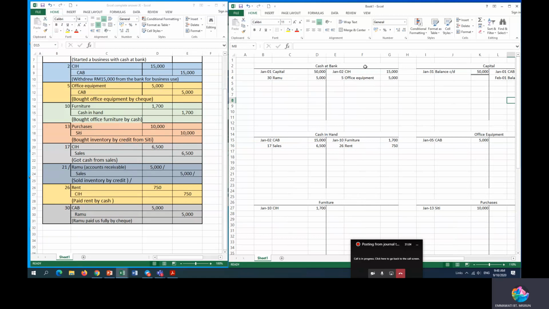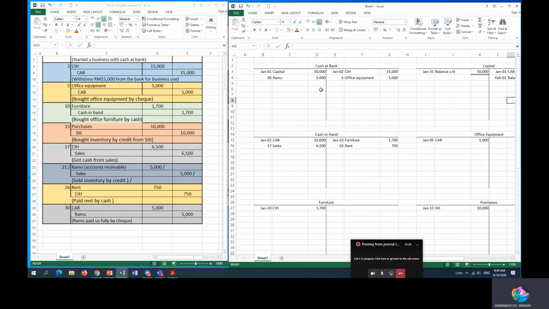So the total debit of cash at bank is more than the credit total. In our previous discussion, we know that in order to close our accounts, we must make sure that the total debit is equal to credit, right?